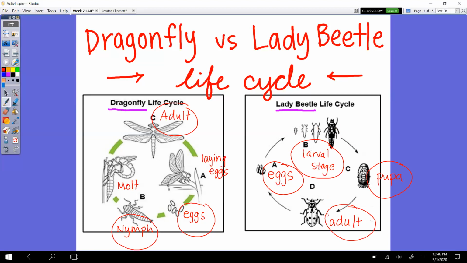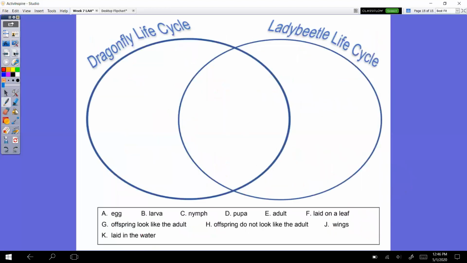Okay, so now I'm going to have you guys help me compare their life cycles using one of these. Do you guys remember what this is called? Think about it. That's right, it's called a Venn diagram. Okay, and how we use a Venn diagram is there are 2 circles that are laid on top of each other.